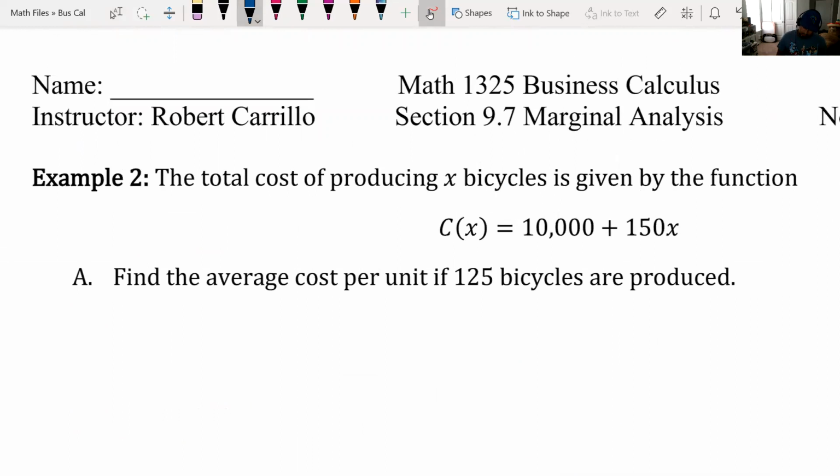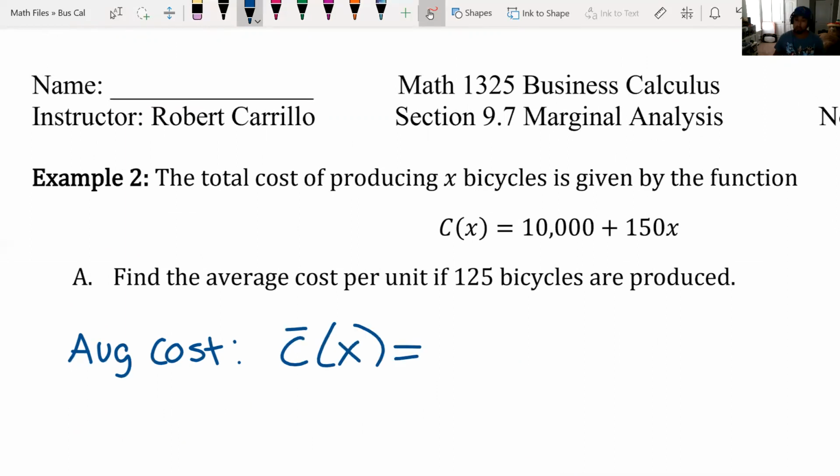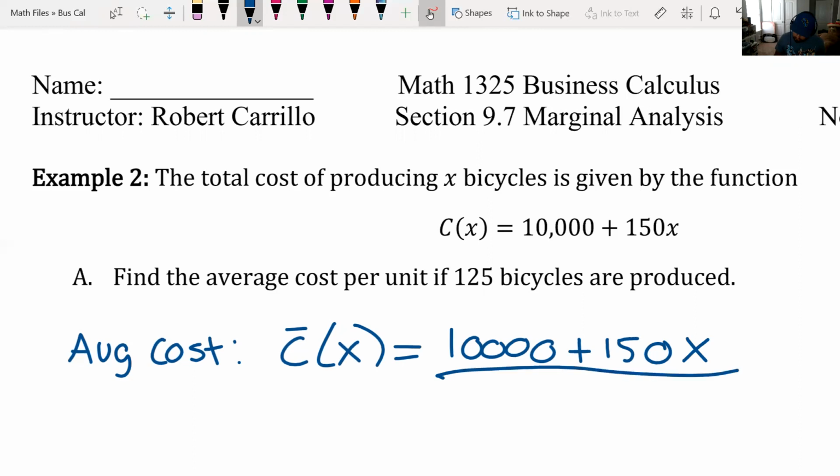So the average cost is given by C bar of x, which takes the cost function of 10,000 plus 150x and puts it all over x. That's it.